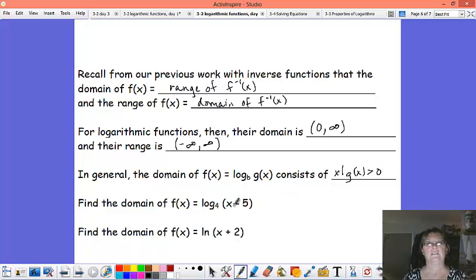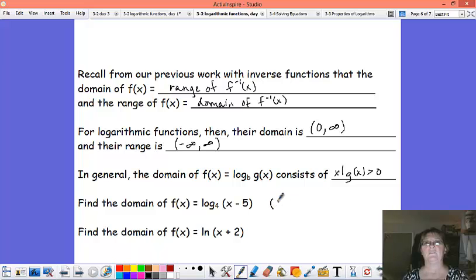Alright, let's take a look and see if we can apply that here. This asks us to find the domain of f of x equals log base 4 of x minus 5. Well, the rule says we've got to have x's that will make this part bigger than 0. So we need x's that will make x minus 5 bigger than 0. If we want this to be bigger than 0, it cannot be 5 because 5 would make it 0.